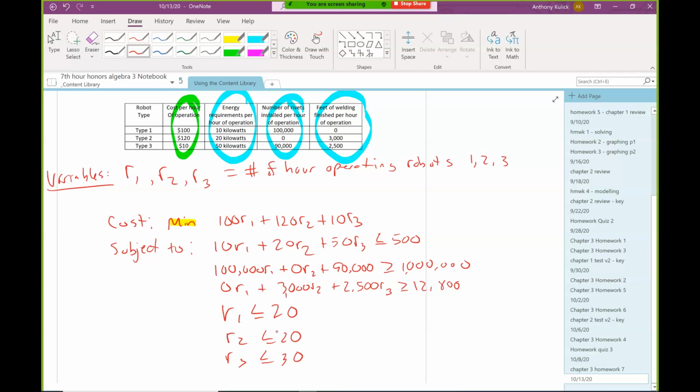Since R1, R2, R3 is the amount of time we're using a robot, the minimum value that time can have is 0. One way we could control it is here with the hours of operation requirement, or we could just state that these values have to be positive, which in turn makes the hours of operation also be positive. That's fine. Either one is okay to deal with.